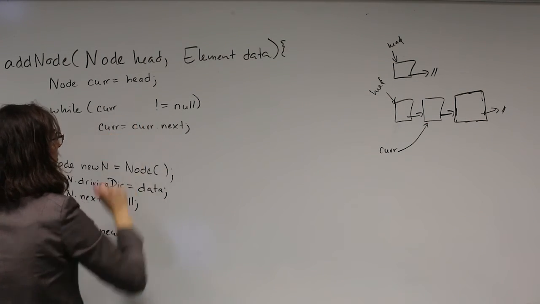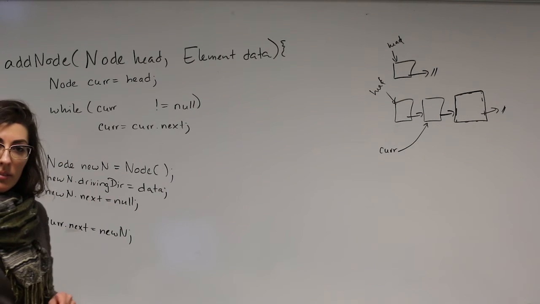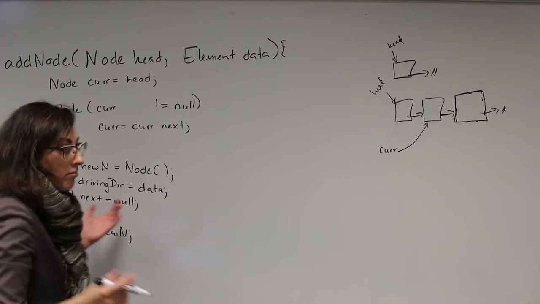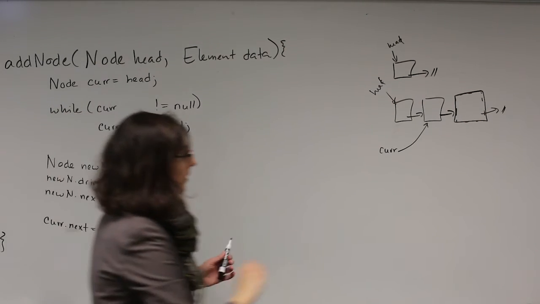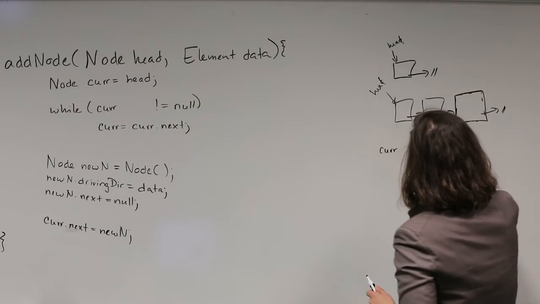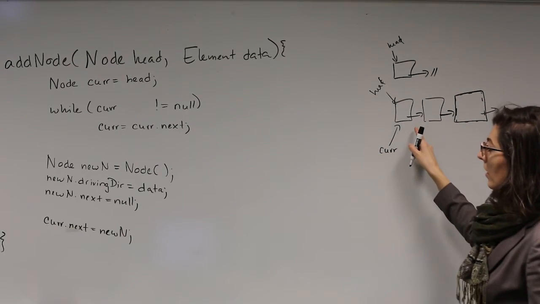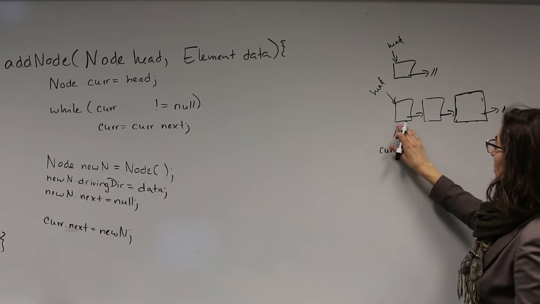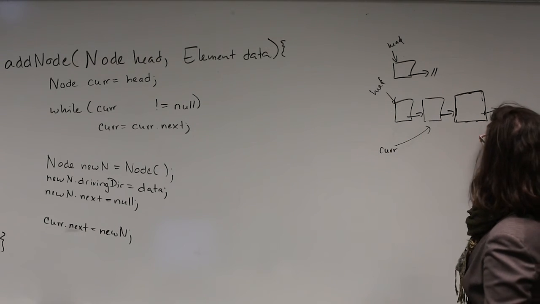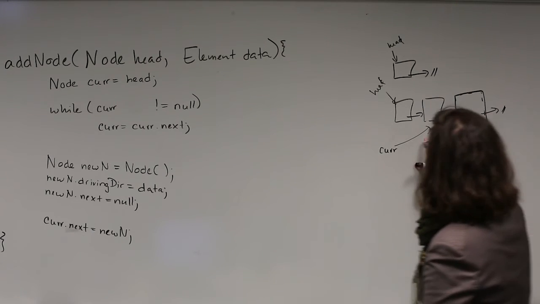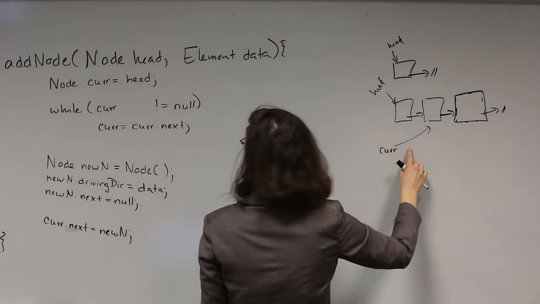Question for you. Would that work? I don't know. Let's try it out. Originally, the current is equal to the head. While current is not null, go to current.next, so it goes here. Will the last one be a null pointer exception? Yeah, let's see it. Pretend this one has the full 3.